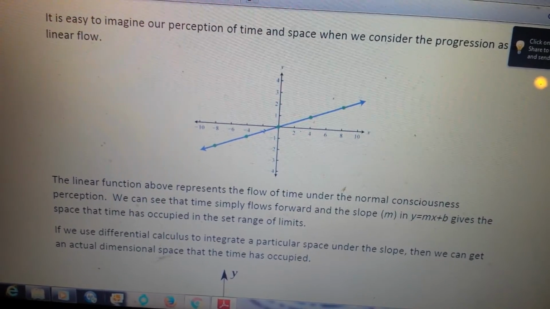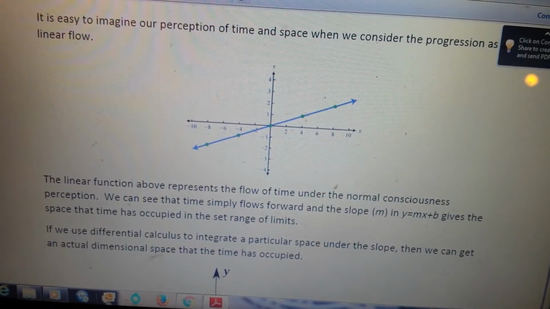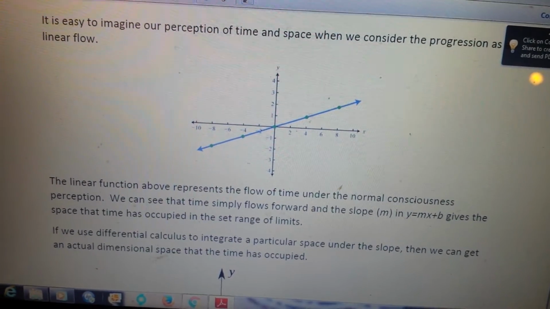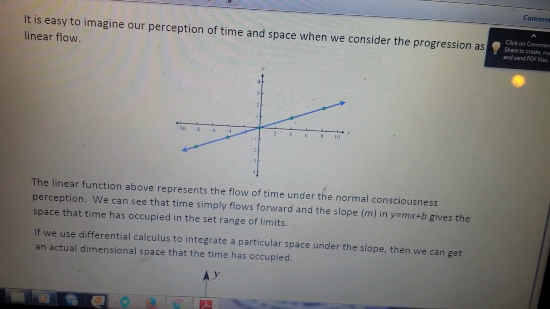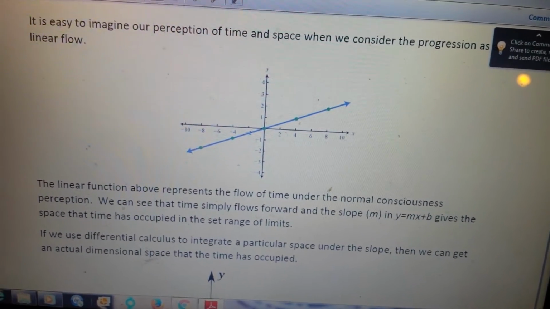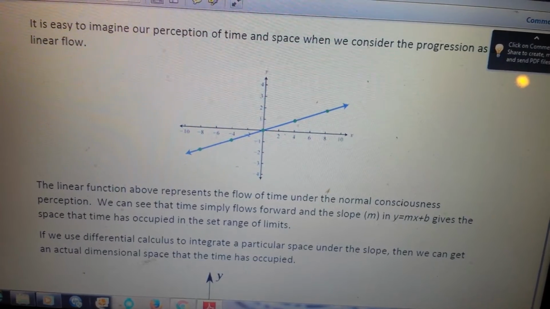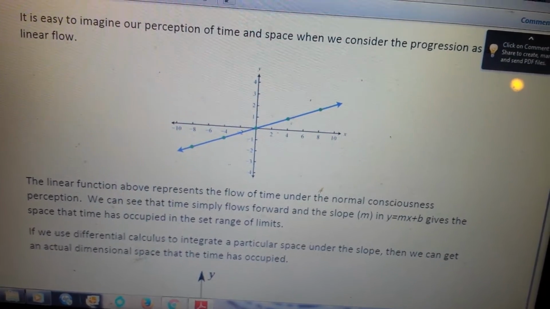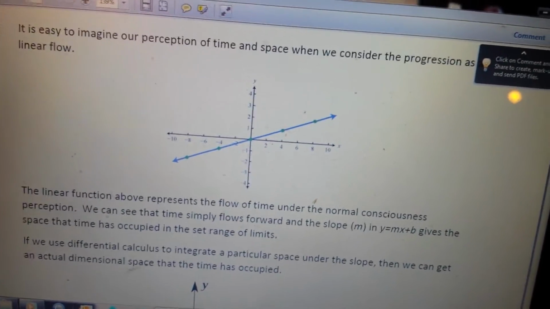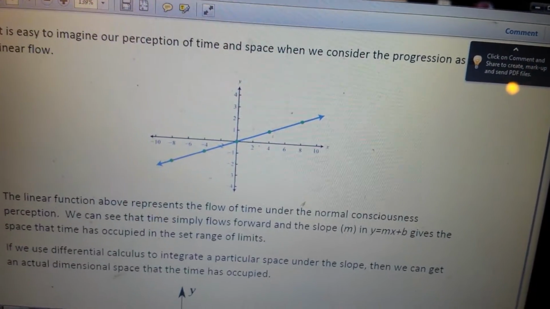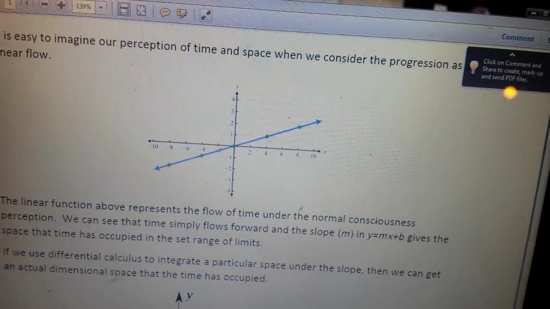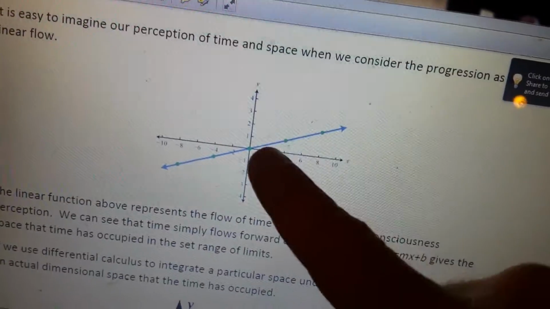So this is the mathematics of the linear functions, y equals mx plus b. We can see that time simply flows forward, and the slope m in y equals mx plus b gives the space that time has occupied in the set range of limits. So as time flows on, you get this slope, which is m, that's this arrow here.